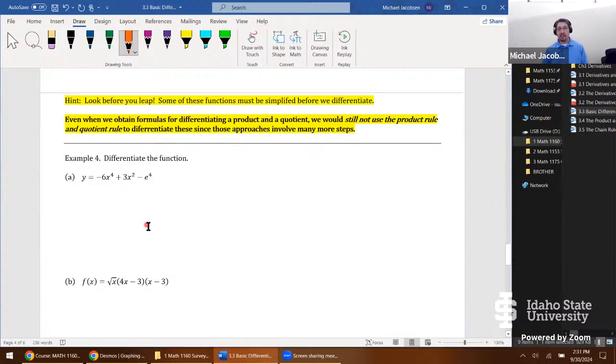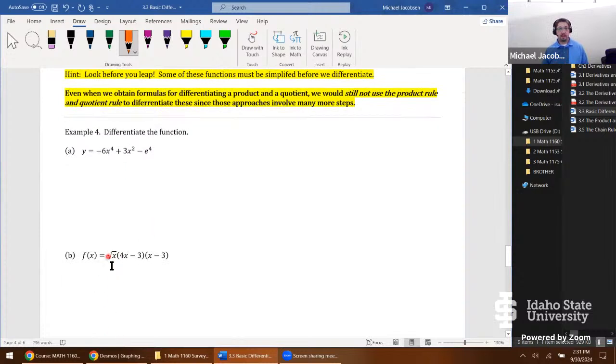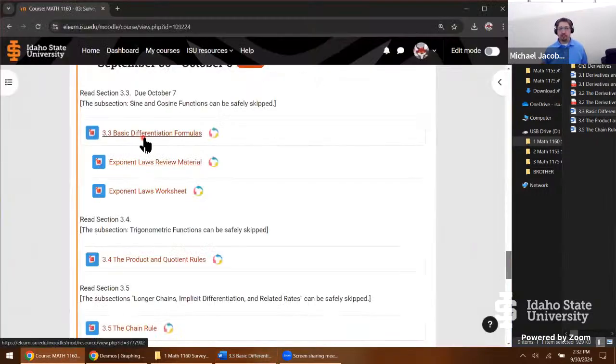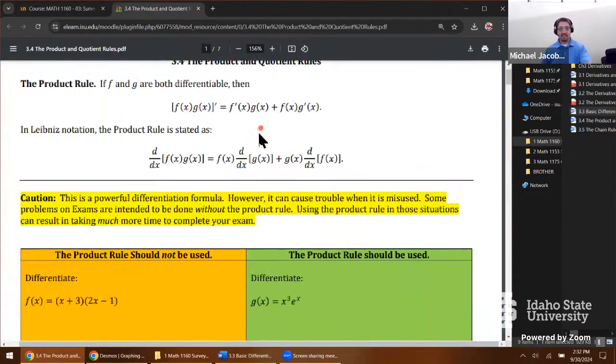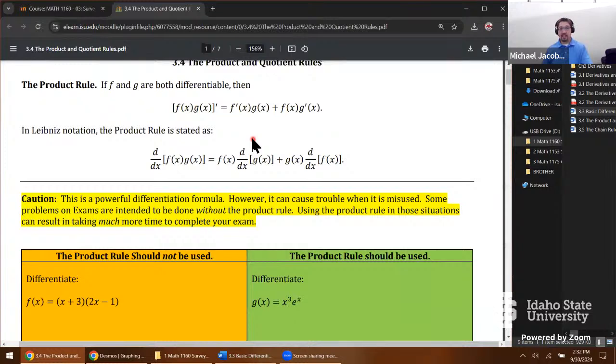There are formulas that are going to help us out in section 3.4, but even when the formula would work for this, we still wouldn't use it on that function because expanding out the function and simplifying in that way still makes better sense. So the punchline to these problems is, in section 3.3, we don't have a lot of formulas, but in 3.4, we have something called a product rule, here it is, and a quotient rule down the line.